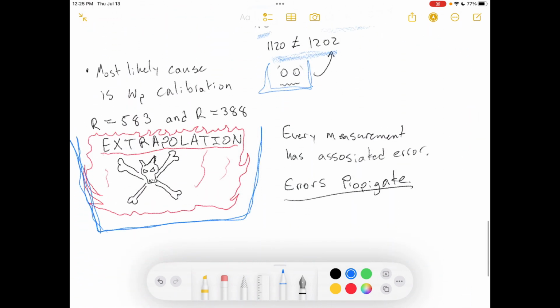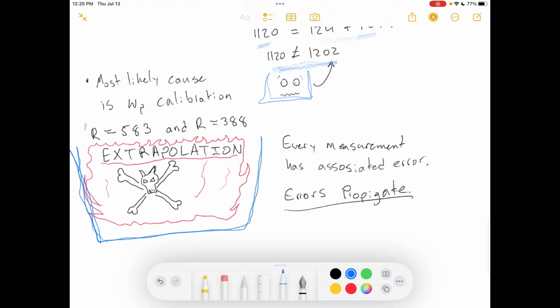Well, take a look at the R's that we used in order to calculate the actual weight fractions in our stream. Those are actually way outside of range. So we extrapolated. That's the definition of extrapolation. When you extrapolate, you are prone to very large errors. That is a good example of why extrapolation is bad.